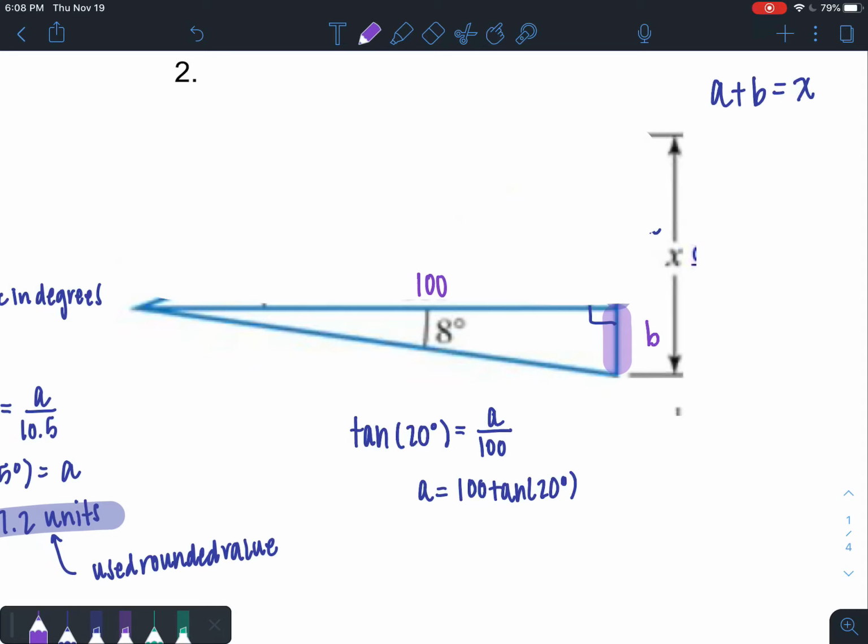So we have an angle, the opposite side, and the adjacent side again. So I'm going to have tangent of 8 degrees this time equals B over 100.